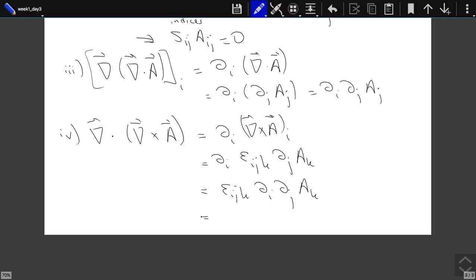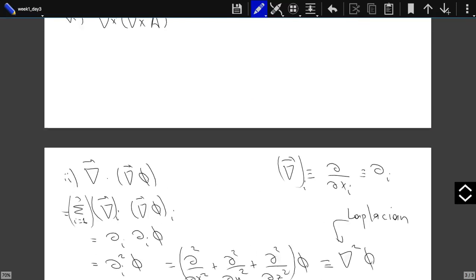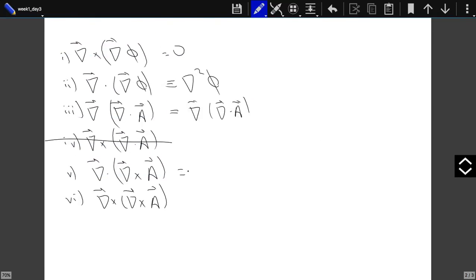Again, epsilon ijk is antisymmetric if we exchange i and j, the first two indices. But the derivatives with respect to x_i and x_j are symmetric, as long as we can exchange the order of derivatives. So this will be 0. So let's go back. So this is also 0. What we have found is that the curl of the gradient is 0. The divergence of a curl is 0.